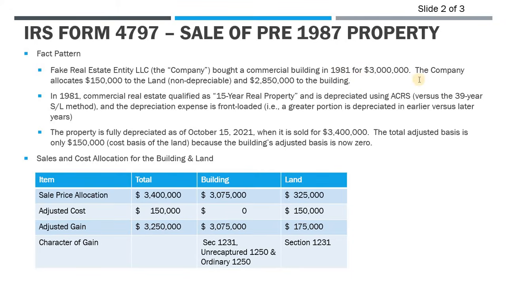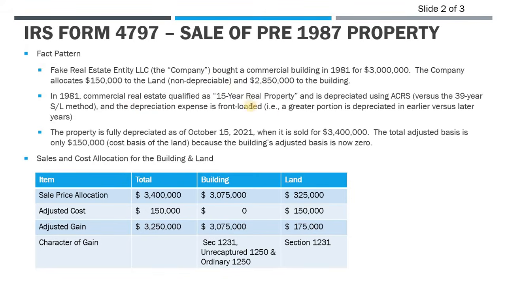We bought it in 1981 for $3 million. At the time, the company allocated $150K of the value to the land and then $2.85 million to the building. Now in 1981, commercial real estate fit into a 15-year property bucket.